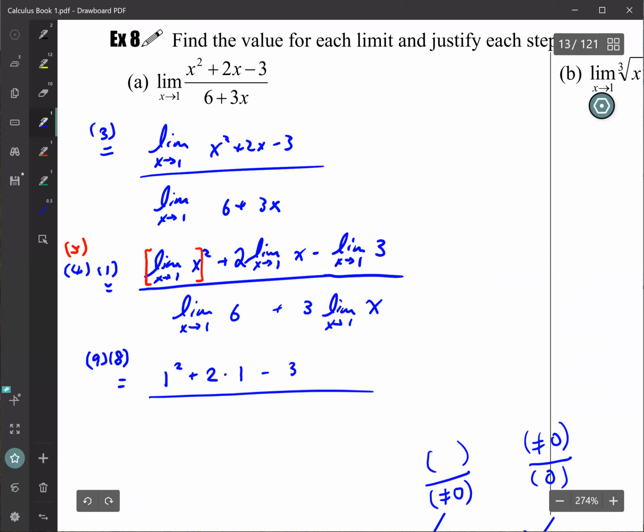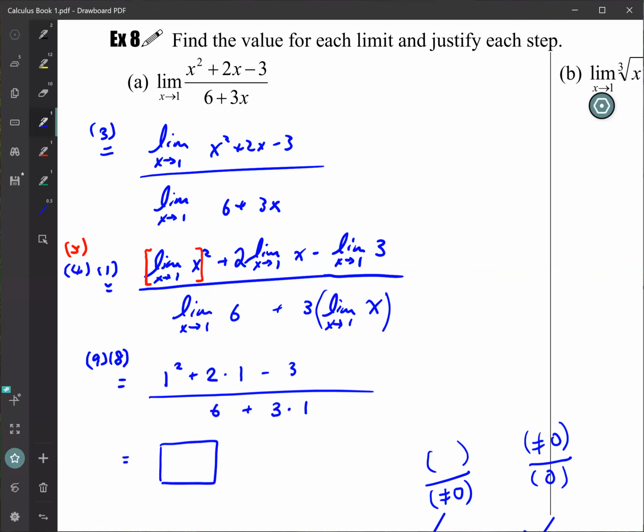Yeah, keep going, denominator, Leon. 6 plus 3 times 1, sorry. Number 8, right? Yeah, it'll be 1, okay? If it's only x, the answer will just equal whatever number you're approaching, okay? So final answer, calculate the result.